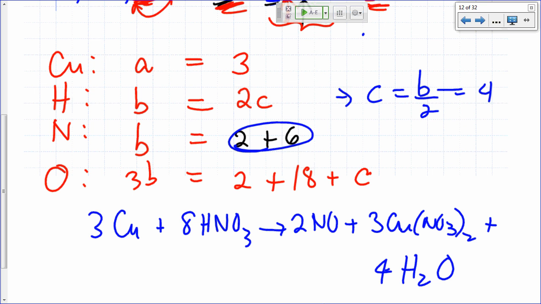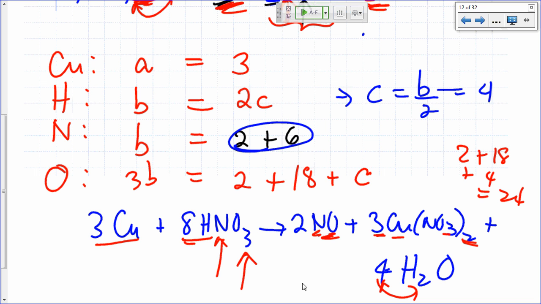Hydrogens? 8. 4 times 2, 8 on the right. Nitrogens? 8 on the left. How many do I have on the right? 2 here, and then 3 times 2, 6 there. That's 8. Oxygens, how many on the left? 8 times 3 is 24. On the right, I have 2 plus 18 plus 4. That's 24. So this equation is balanced.